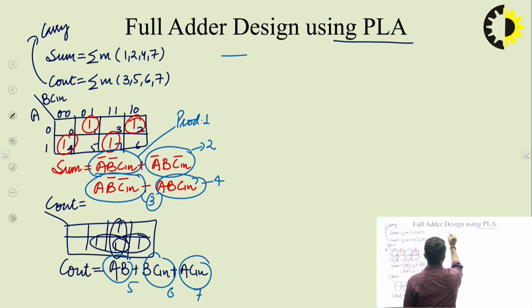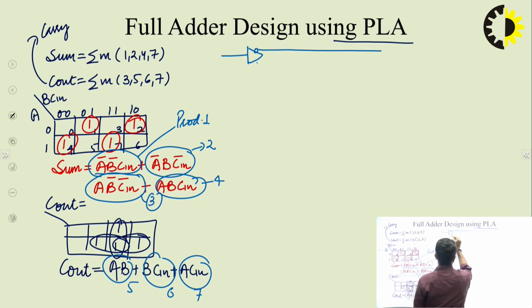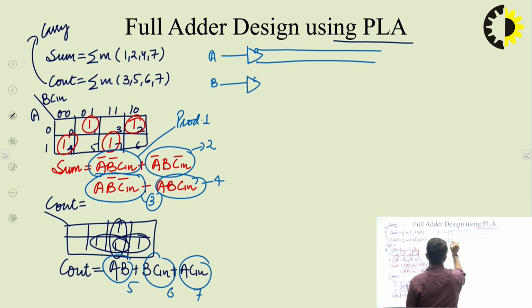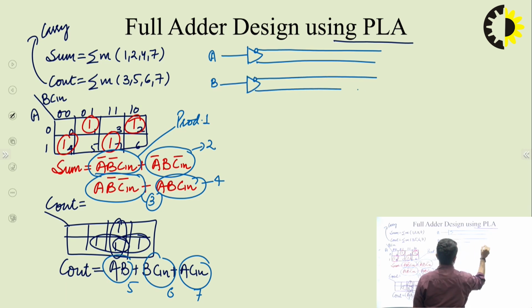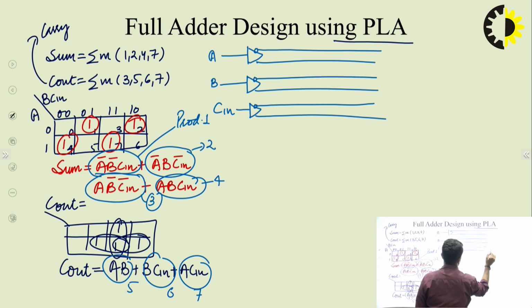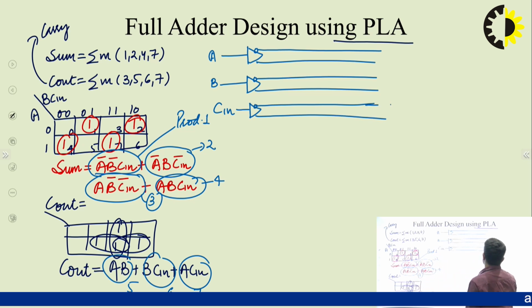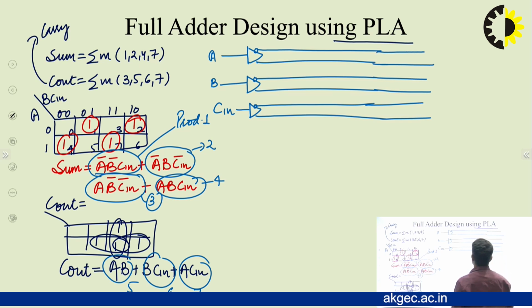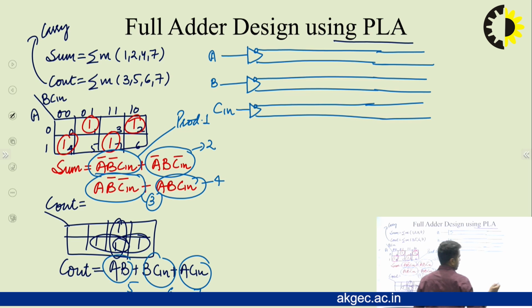So I am requiring A. So this will be my A, similarly B, similarly C in. I am slightly increasing the length because I need to place 8 AND gates. Now placing the AND gates.